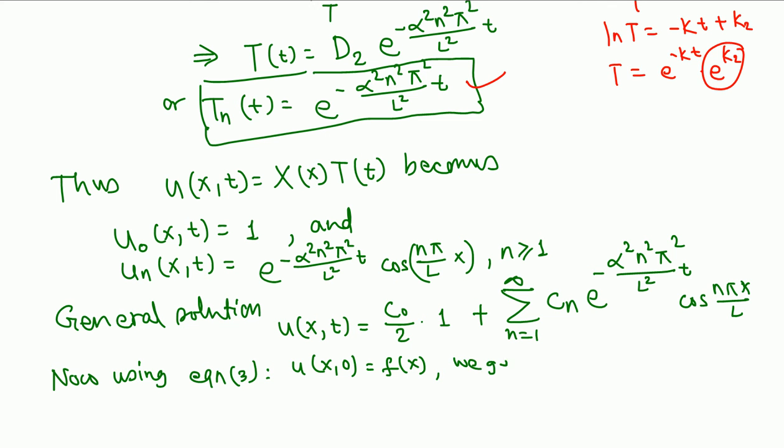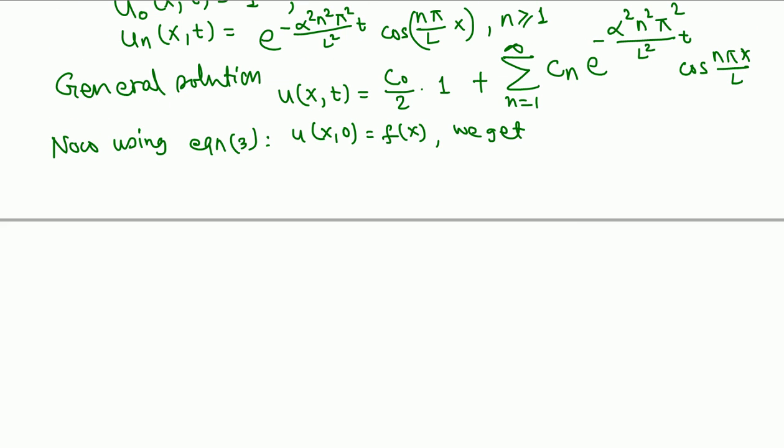We get, so u of x, 0, when t is 0, so this u becomes f of x. We get the function equals c0 over 2 plus sum n from 1 through infinity, t is 0, so e raised to 0, that's 1, so we have cn cosine of n pi x over l.